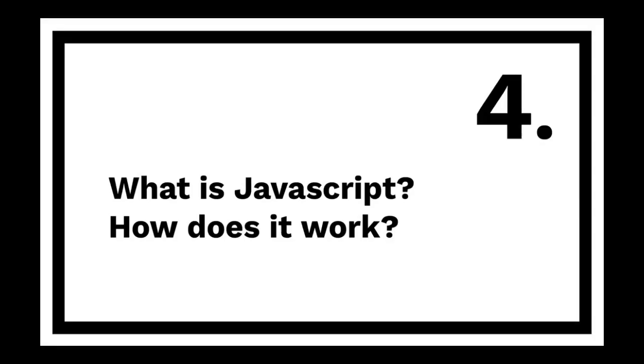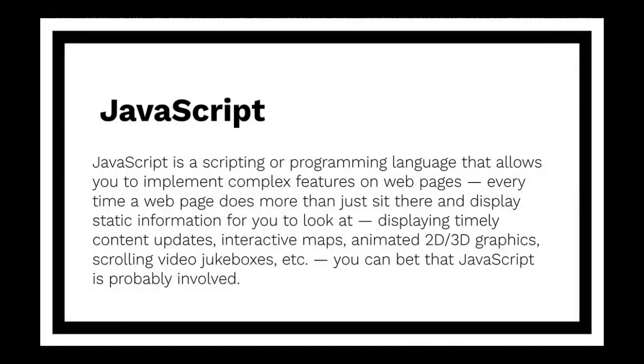So what is JavaScript and how does it work? Right, so JavaScript is a programming language. I'm sure some of you might already be aware of what JavaScript is, but JavaScript has been around since the early 90s, but its potential wasn't fully realized until the late 90s.